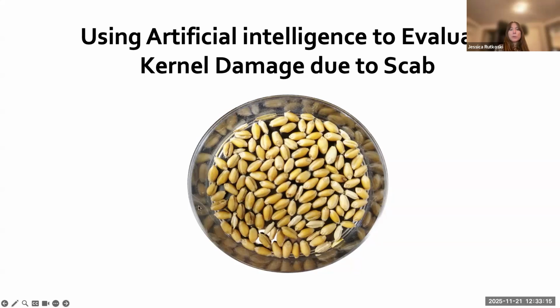Normally what we would do is just look at this dish and give a subjective rating, like what's the percentage of damaged kernels in this dish. That can be really tricky, tedious, and difficult to do. So we wanted to see, can we use some kind of image analysis to make that better?